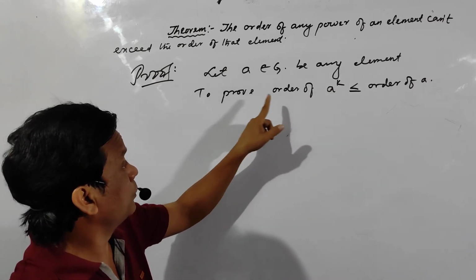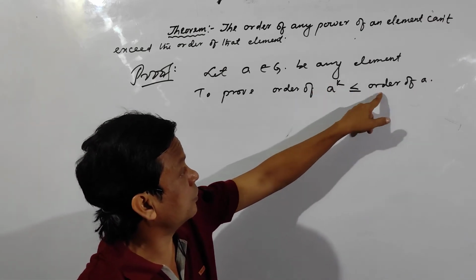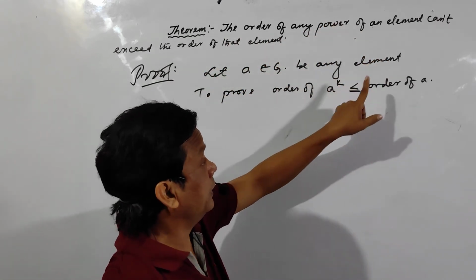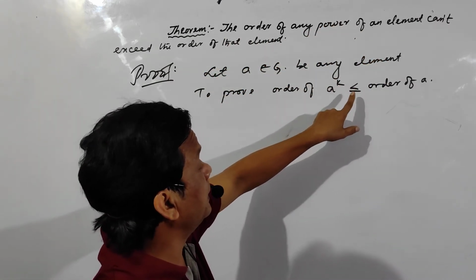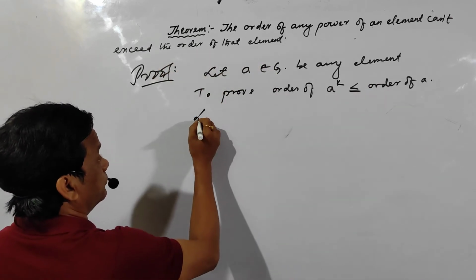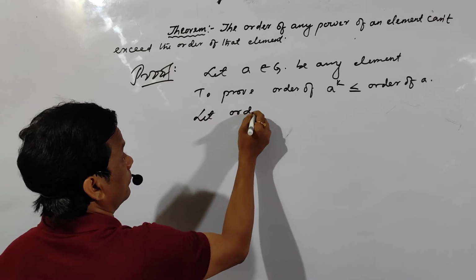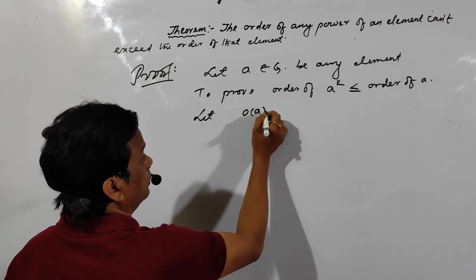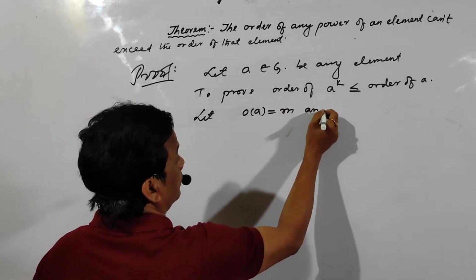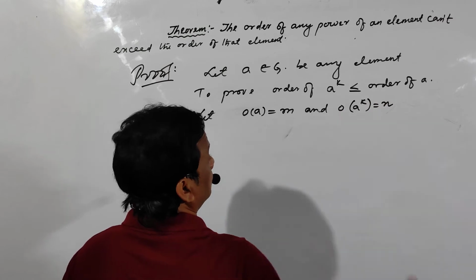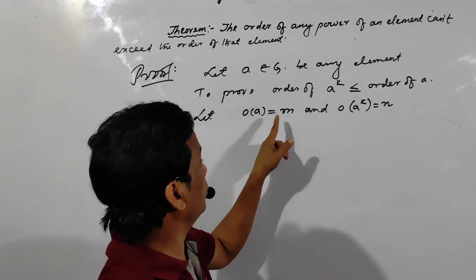So to prove the order of a to the power k is less than or equal to the order of a, let simply, I am writing symbolically, order of a is equal to m and order of a to the power k is equal to n, and we have to prove n is less than or equal to m.